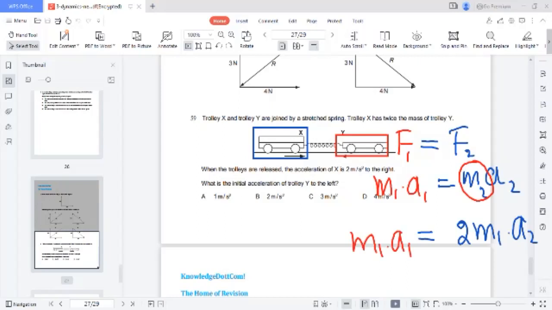Now we can cancel out like this. So the mass of X, which is blue, is done. The acceleration of blue is 2, so I can put it like this, which is a1. So the acceleration a1 is 4. So our possible answer is this one.